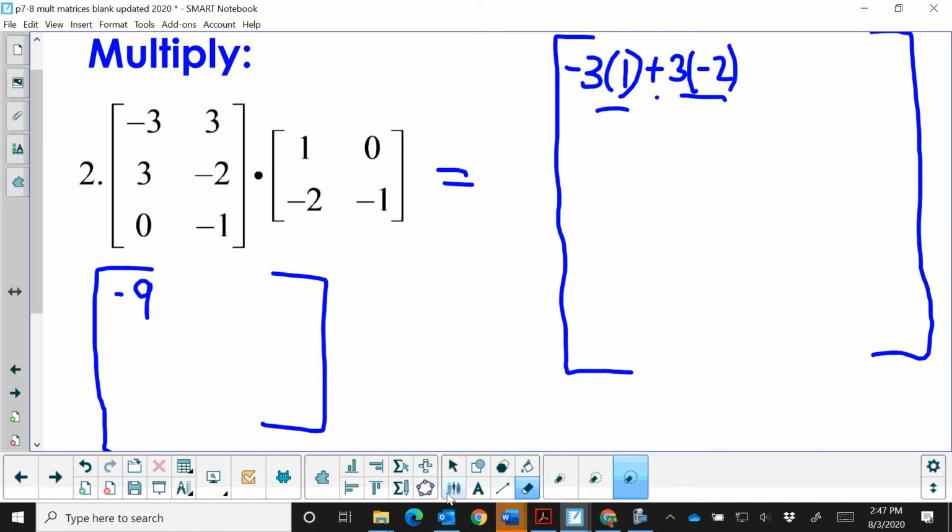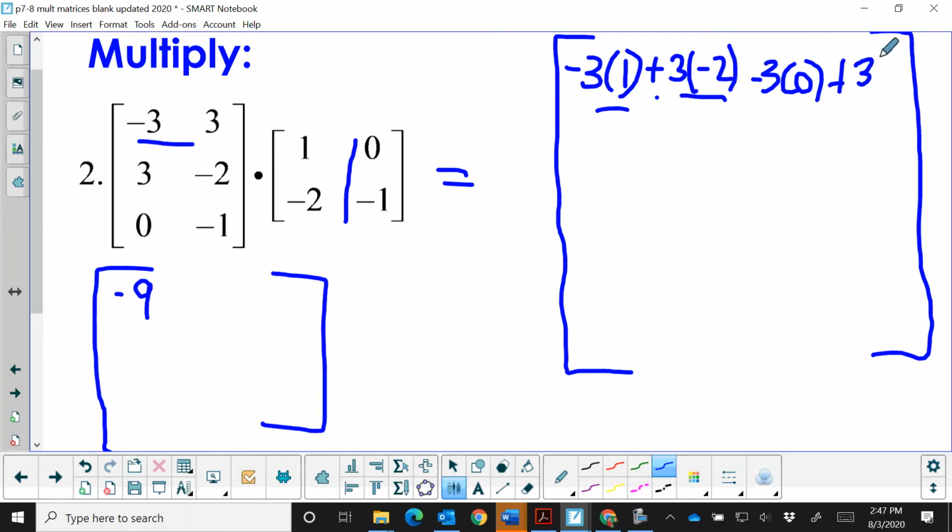Okay, let's work through the second. Whoops, I shouldn't erase that first one because I'm still first row, but now I'm second column. And I have -3 times 0 plus 3 times -1. So I'm taking this row times this column. And that's going to give me 0 plus -3. So that's just a -3.